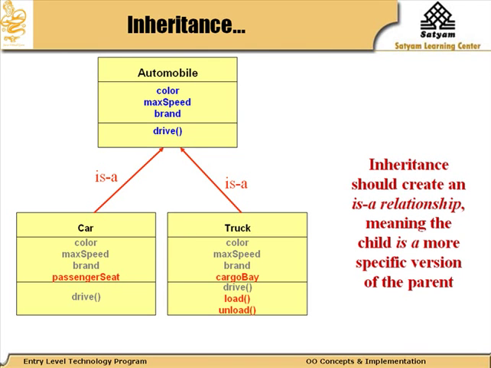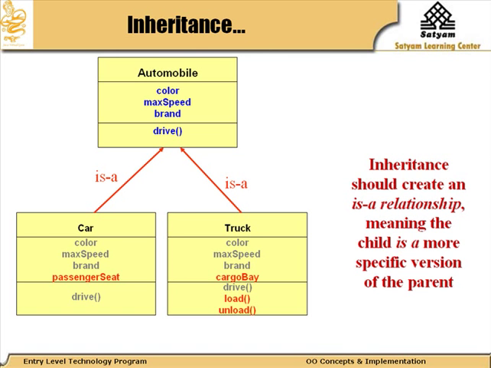Here you can notice that color, brand, max speed, drive are inherited from the base class. They are highlighted in gray for your better understanding. A child class may add more properties and methods such as cargo bag, load and unload, and so on.